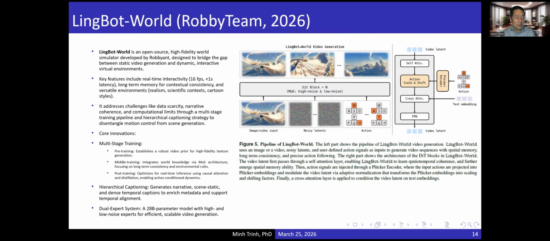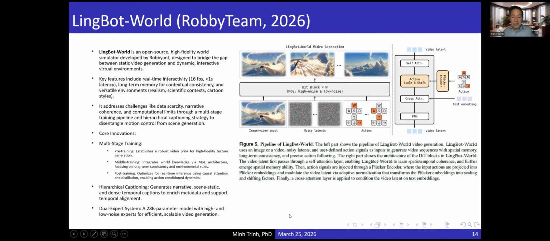It could be different environments. So very similar to Genie 3, but because it is open source, you can read the paper. There's a paper where they tell you exactly how it is done, right?